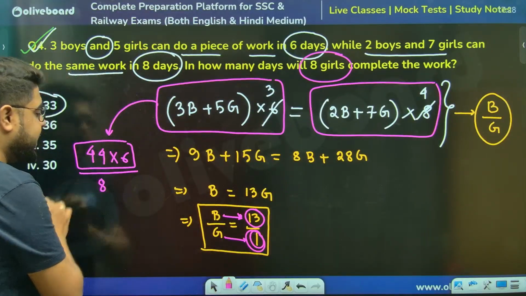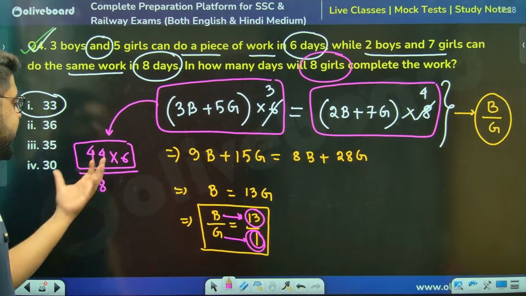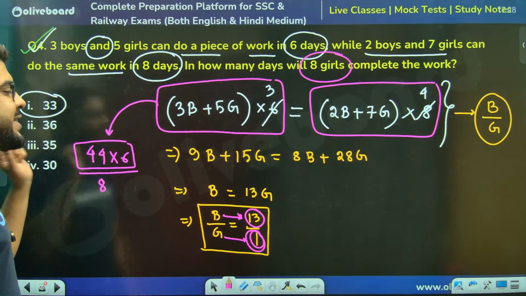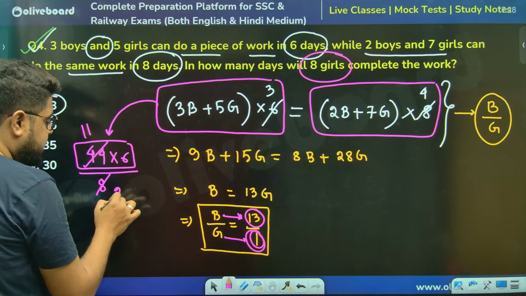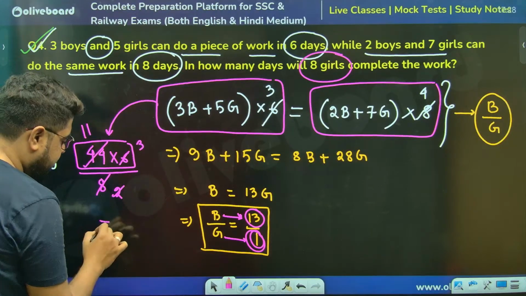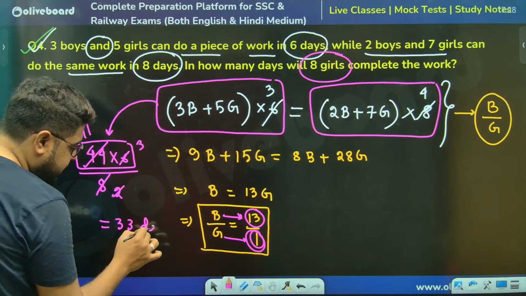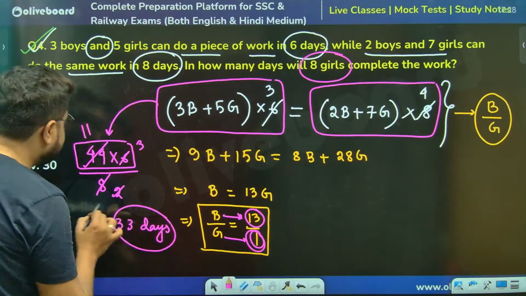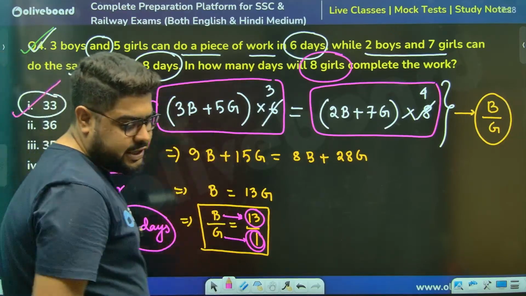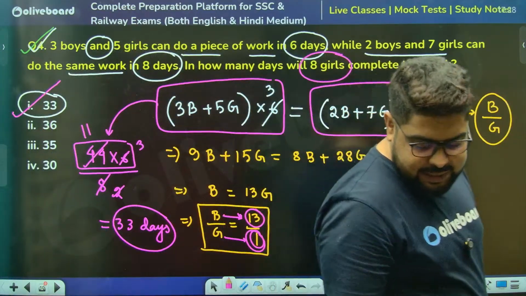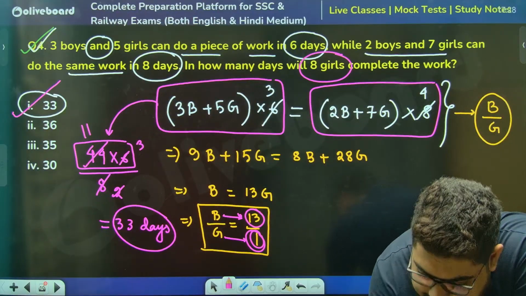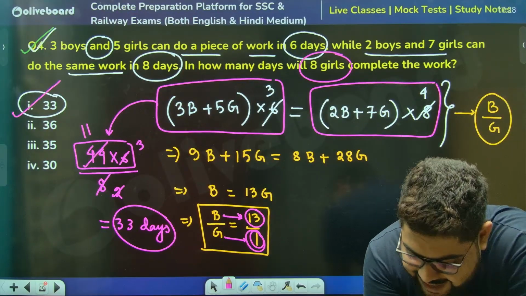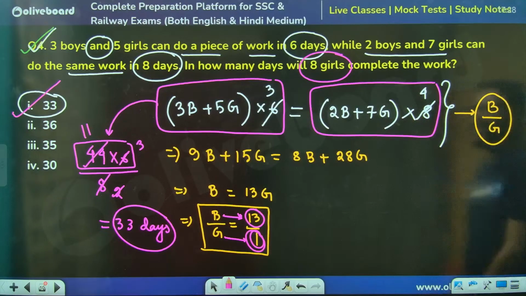So they will take these many days: total work by efficiency. 4 11s are 44, 4 2s are 8, so 44 times 6 by 8 gives 33 days. They will take 33 days to complete. Option 1. Arghamita, Reena, Pithampuram, Vinod, absolutely correct, you guys are.